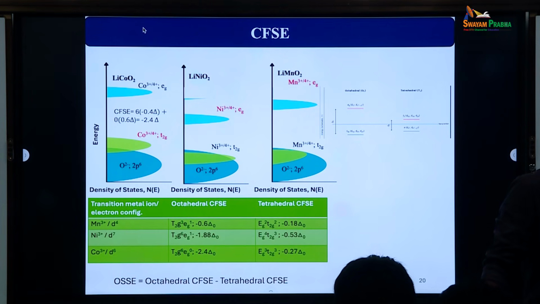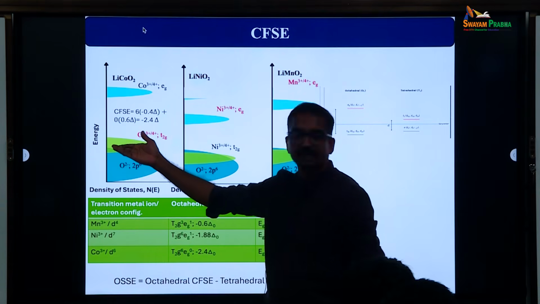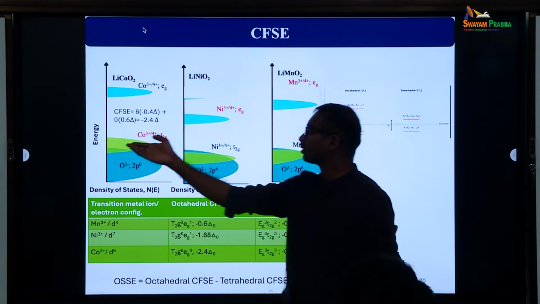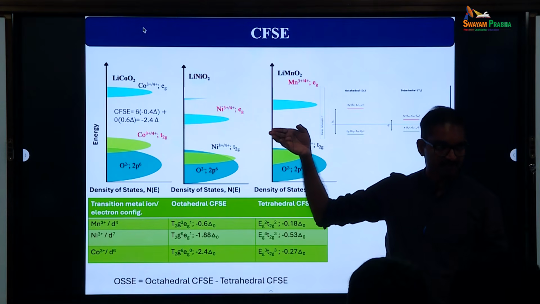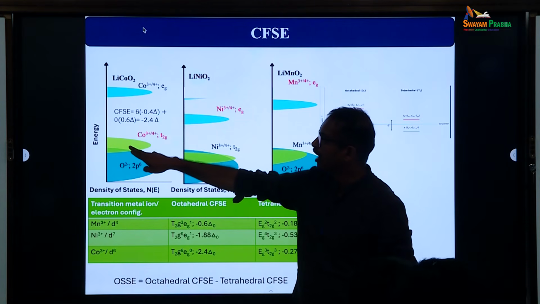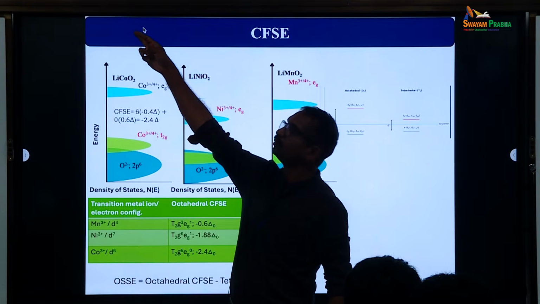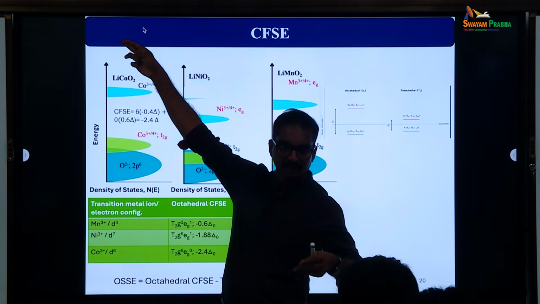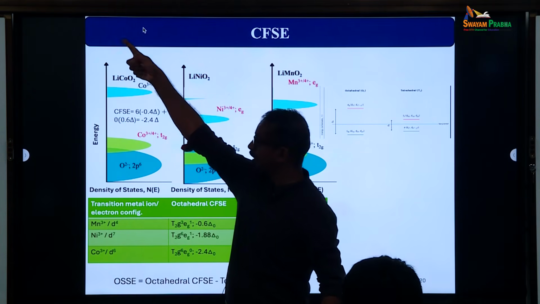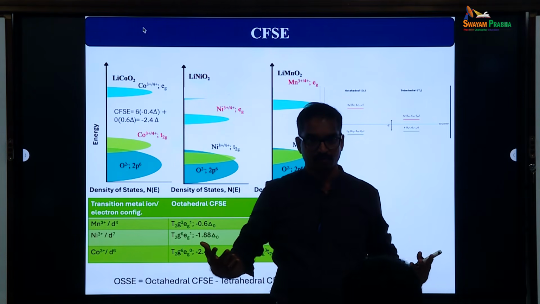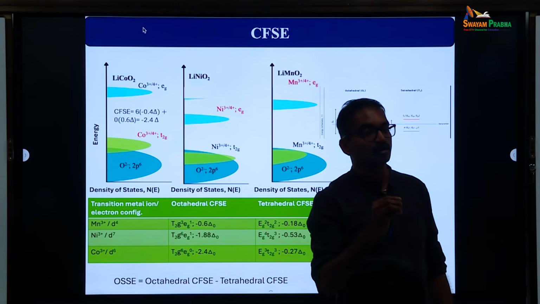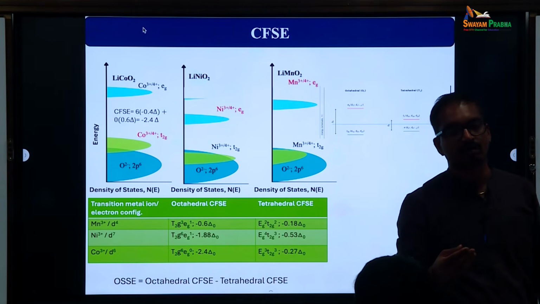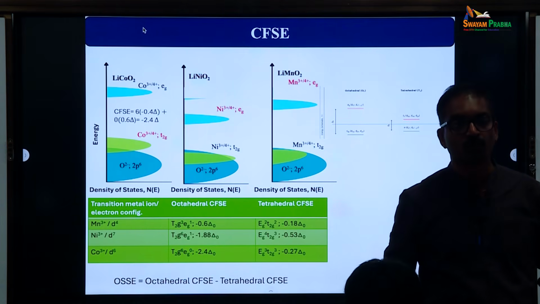Cobalt will, because cobalt has the deep lying d orbital compared to these. As a result, you have to promote the electron from here to the graphite or lithium, and when you are discharging and releasing the energy, it will flow from here to here, so the energy will be more. So the voltage of the lithium cobalt oxide battery is more than lithium nickel oxide and lithium manganese oxide. Clear?